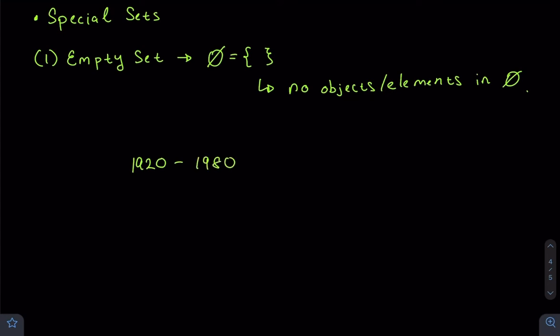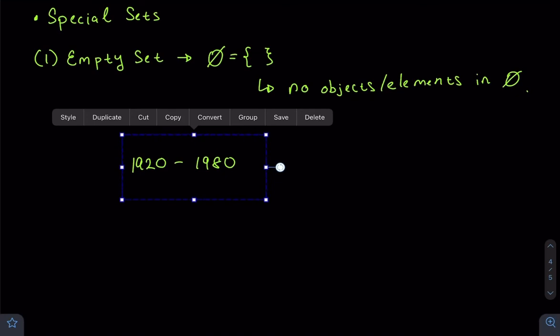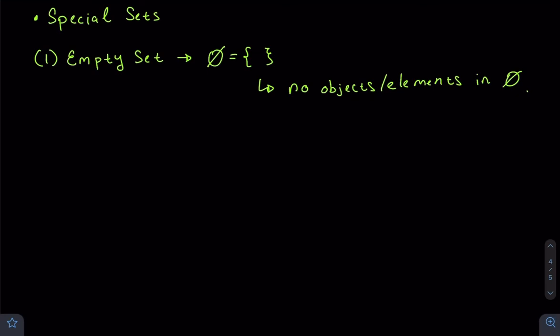Well, that set will be empty because iPhone only came out, I believe, when was it? 2004, 2005. So that type of set will be empty. So it kind of makes sense to have a set like this to describe a collection of objects that just aren't there. Okay, so that's the empty set.